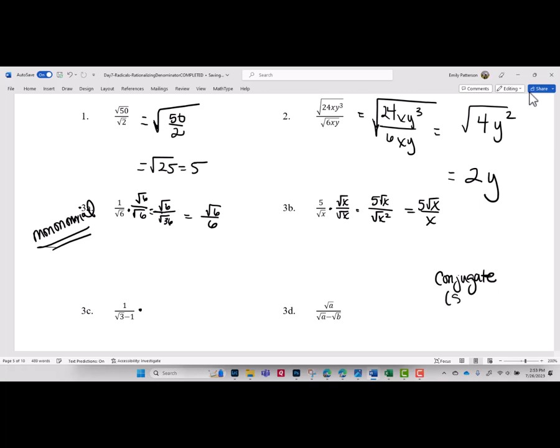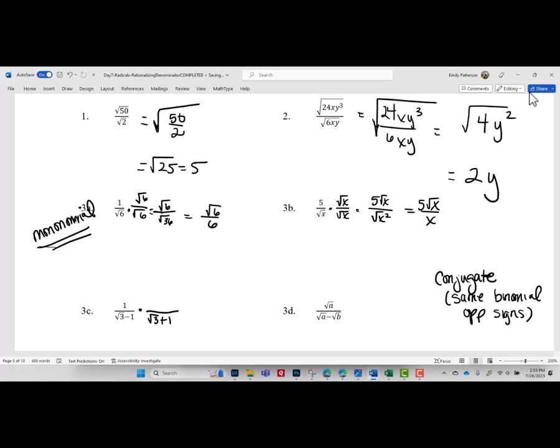In simplest terms, it's the same binomial with opposite signs. So if I have square root of 3 minus 1, then my conjugate is going to be square root of 3 plus 1.